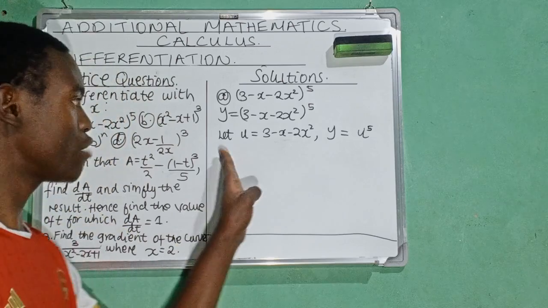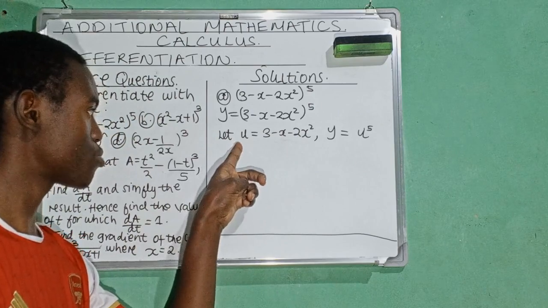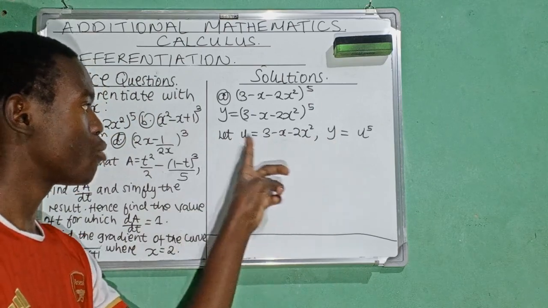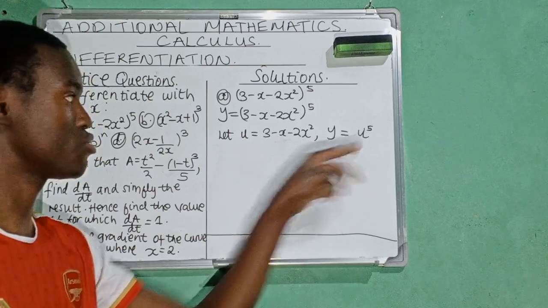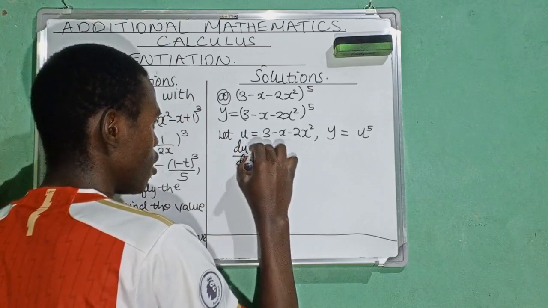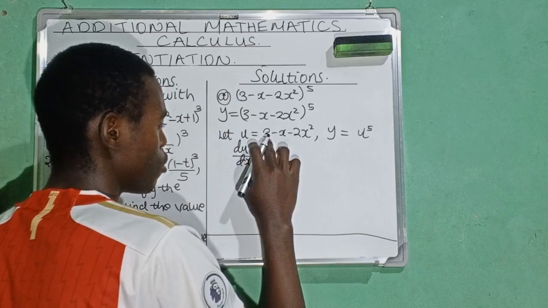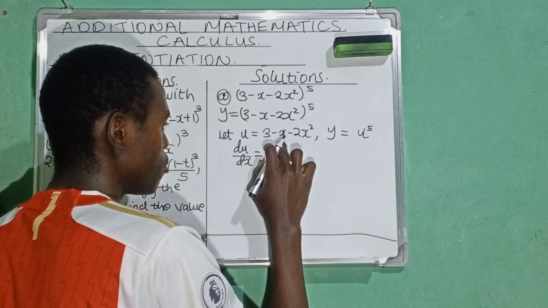Now we have two combined functions. We differentiate u with respect to x, and we differentiate y with respect to u. So du dx is equal to the derivative of the constant, which is 0. Here we just get the number in front of the variable.